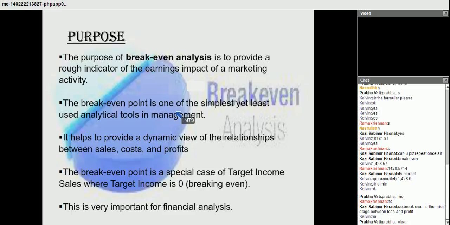The break-even point is one of the simplest yet least used analytical tools in management. It helps to provide a dynamic view of the relationships between sales, cost and profits. The break-even point is a special case of target income sales where the target income is 0. This is very important for financial analysis.